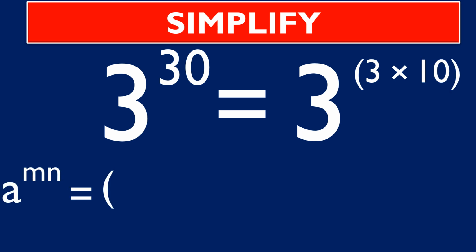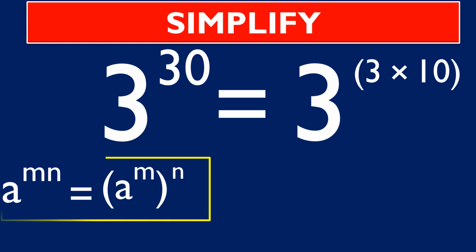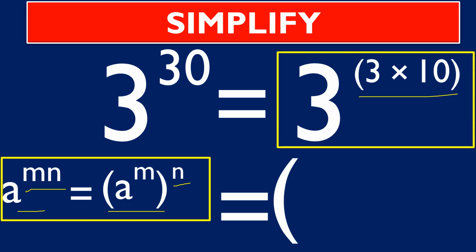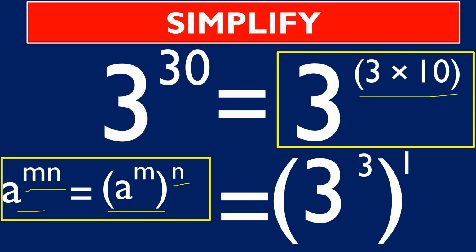Applying the law of indices, a raised to the power mn gives a raised to the power m raised to the power of n. So we have 3 raised to the power 3 raised to the power 10 as the simplified form.